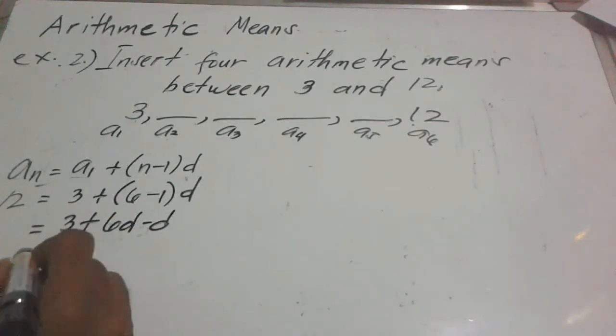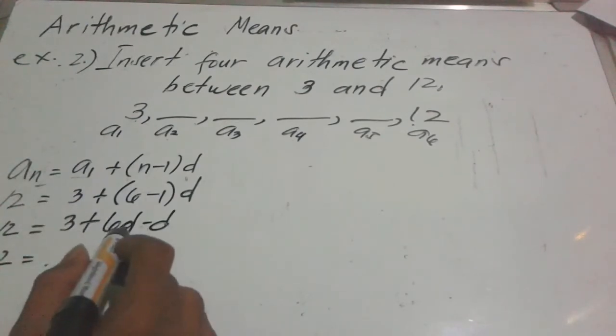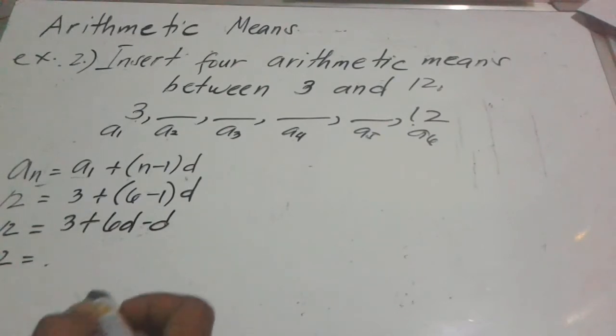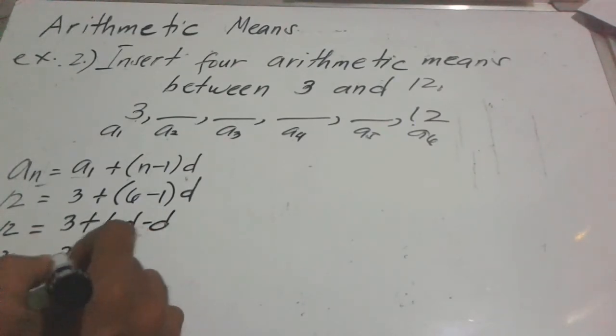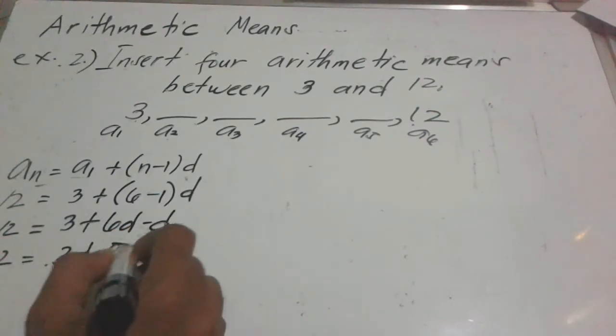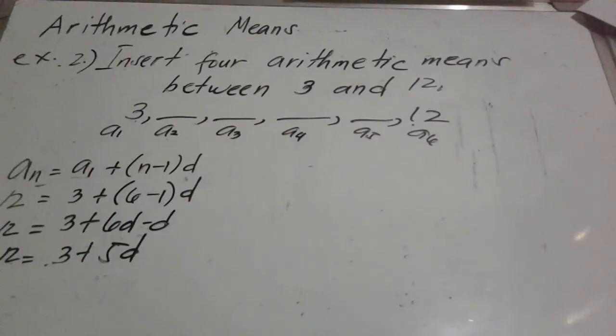Then 12. 6d minus d, understood, there is a negative 1 there, is 5d. Bring down 3. Next, we transpose the 3 to the other side, so it becomes negative.